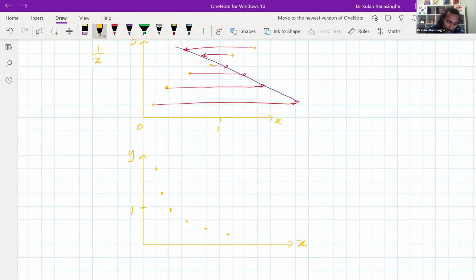That means the bigger values become smaller, and the smaller values become larger. Hence, you get a similar line that way. So that is 1 on y.